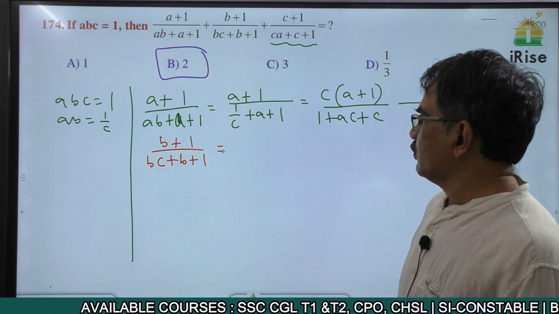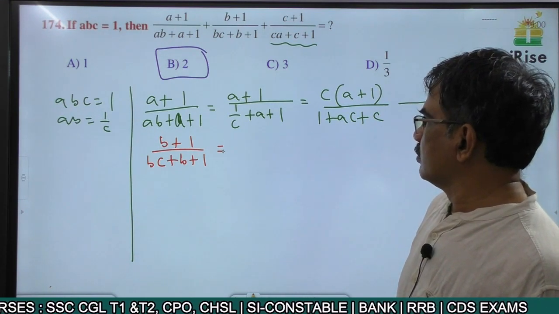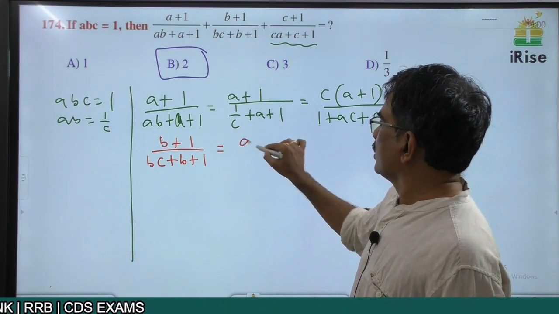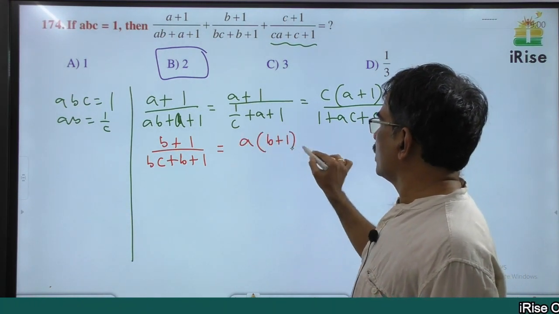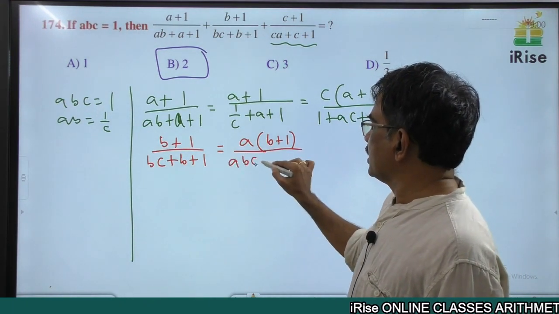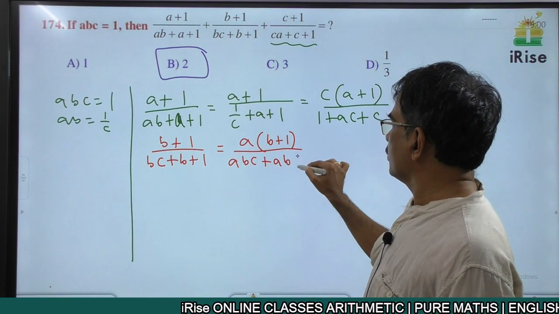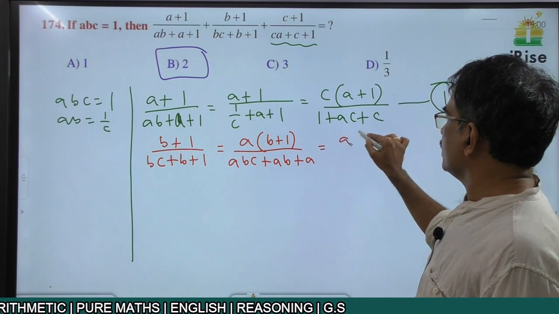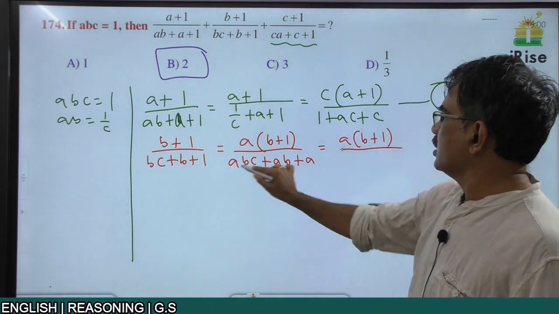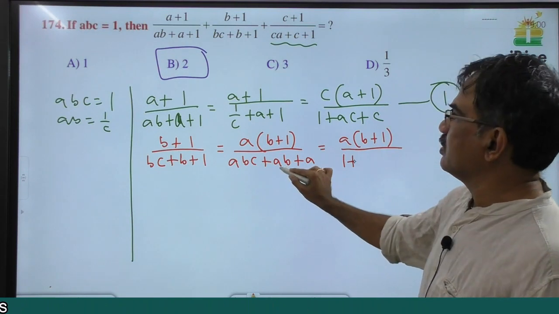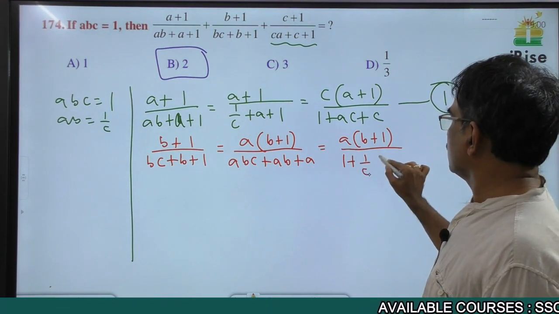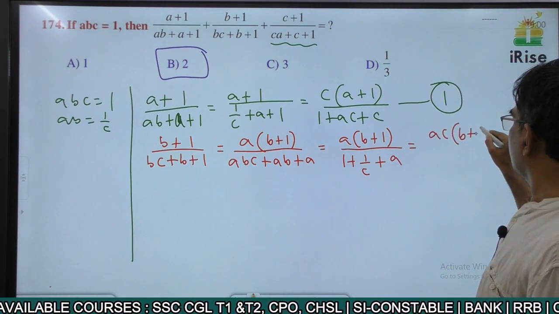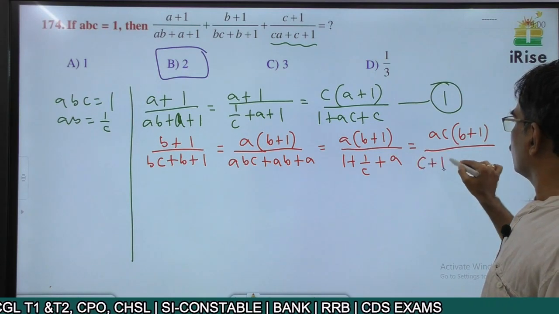First I want to multiply this by A, AB, multiplied by A into B plus 1 by ABC plus AB plus A. This can be written as A into B plus 1 by, ABC is 1, 1 plus AB, AB is nothing but 1 by C, plus A. Again, this can be written as AC into B plus 1 by C plus 1 plus AC.